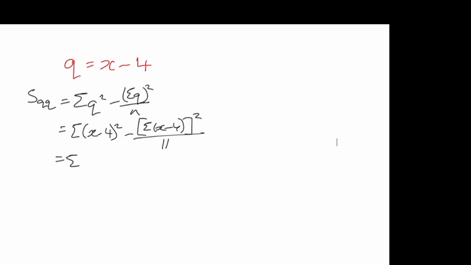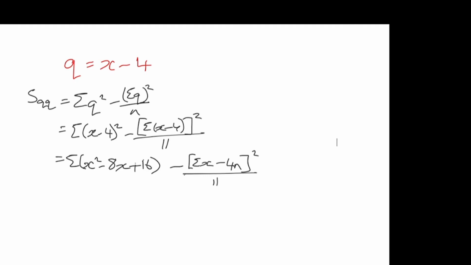In the numerator of the fraction, I would have the sum of x minus the sum of 4. The sum of 4 actually is the same as 4n.